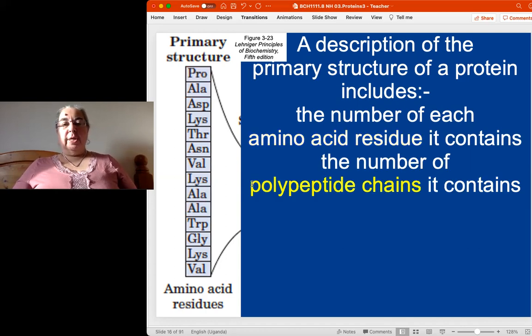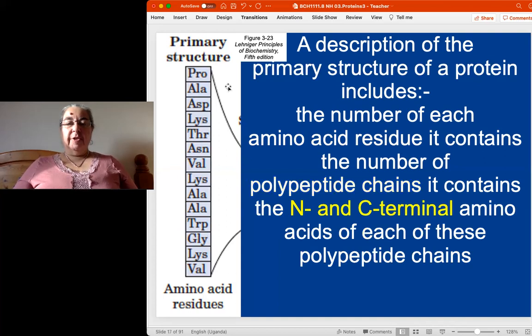Different proteins can also contain more than 1 polypeptide chain. So to describe the primary structure, we have to say whether we're talking about the primary structure of just one of those polypeptide chains, or several different polypeptide chains. So we have to know how many polypeptide chains the protein has.